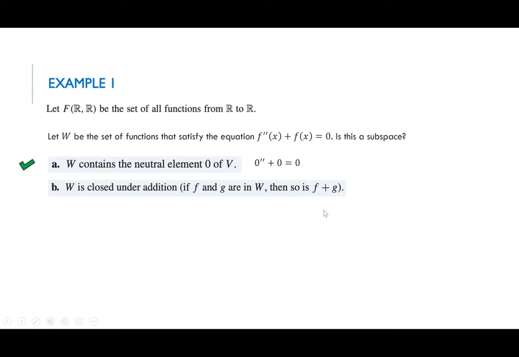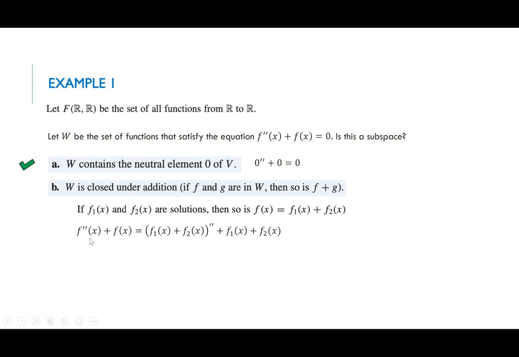Next, we have to check, are solutions to this differential equation closed under addition? So if we have a solution f and a solution g, and we add them together, is the sum a solution? And they are. So let's say we have f1 of x and f2 of x. Then your book says the sum f1 plus f2, call it f of x, is also a solution. You can check by taking the second derivative of f of x plus f of x.